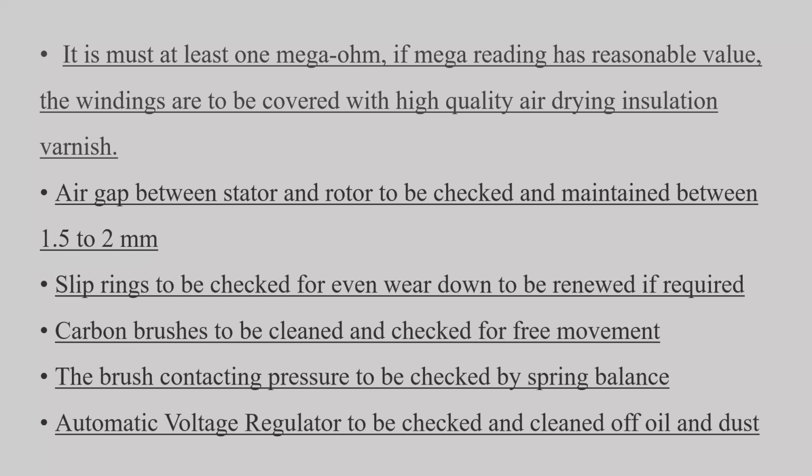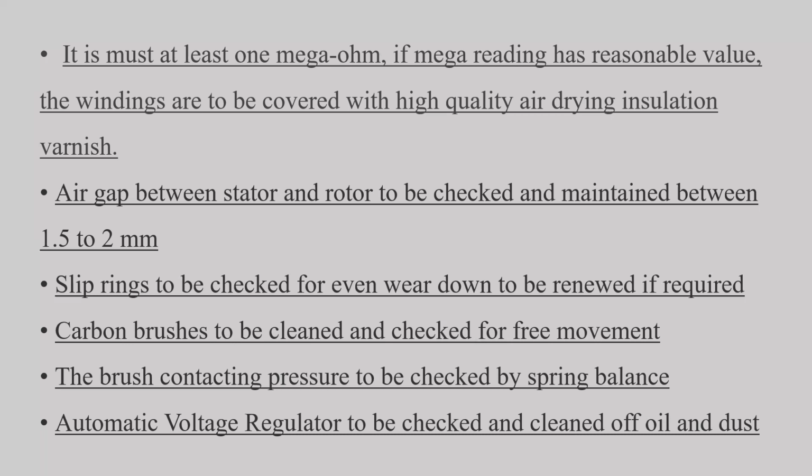And the AVR is to be checked and cleaned of oil and dust. AVR is the automatic voltage regulator, which is present in the generator. Normally, the generator's output voltage may differ. It may dip, or it may surge because of loading and unloading conditions, because of sudden loads. There may be a change in the output of the generator. At that time the AVR will help.